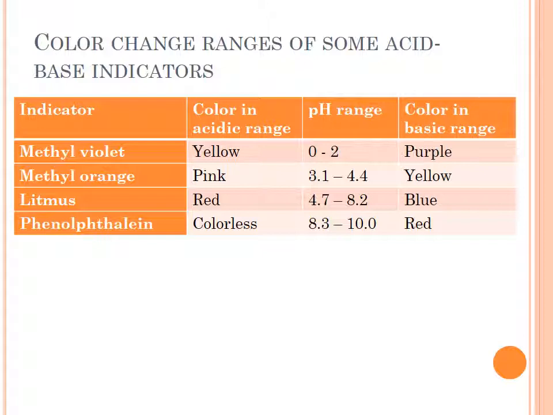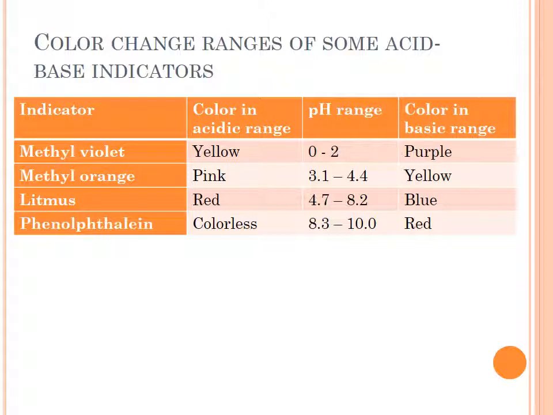So color in the acidic range is in the left-hand column. In the middle column, you've got the pH range where that color change happens, and color in the basic range is the right-hand column. So if we take methyl violet, below pH 0 it's going to be yellow, and the 0 to 2 range is going to change to purple by pH of 2.